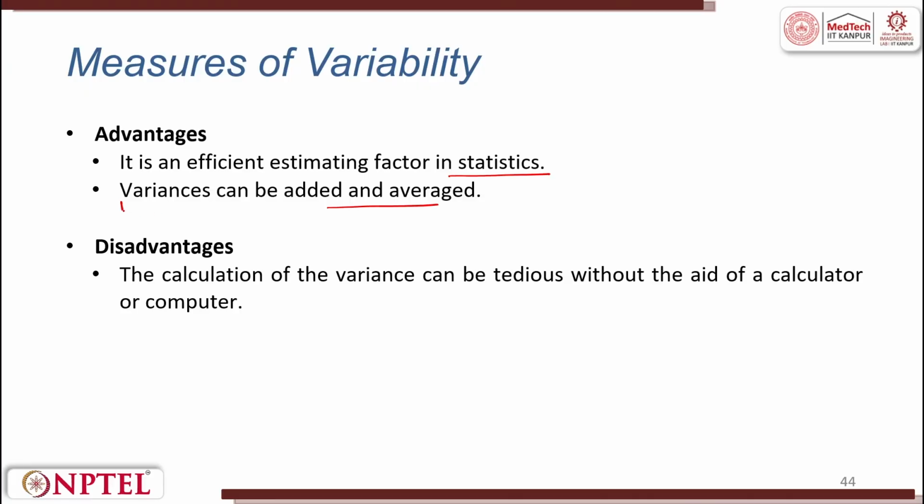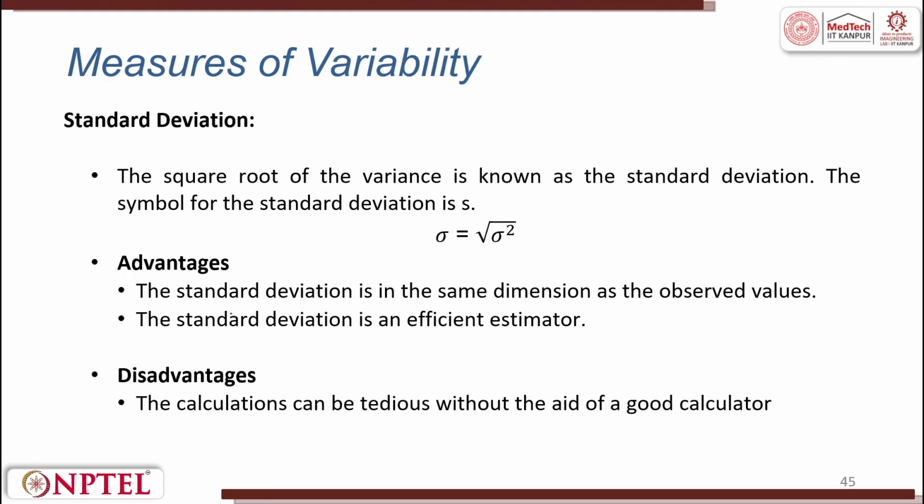So variances can be added and averaged, that is, they have an additive property, and that is why they are used the most. The disadvantage is that the calculation of variances can be tedious without the aid of a calculator or computer. But nowadays you use an Excel sheet, where you simply have the relation for the variance and calculate it very directly.